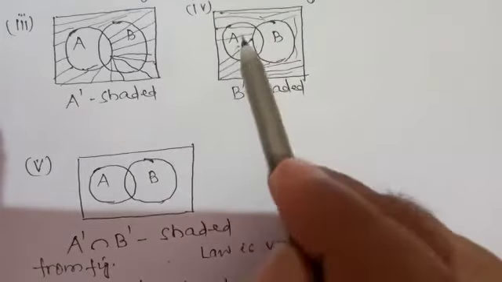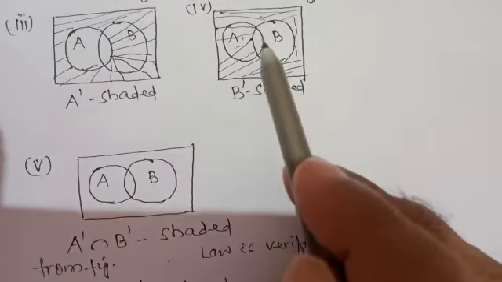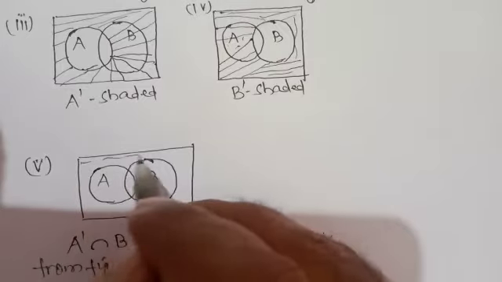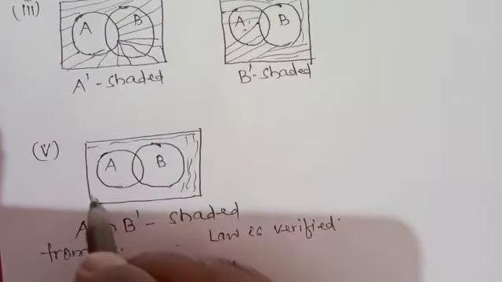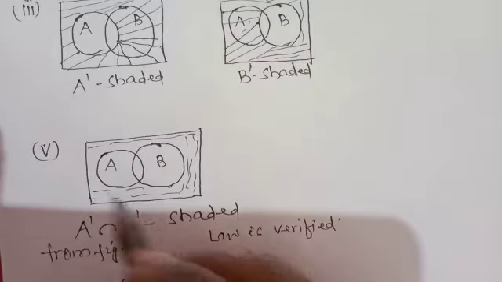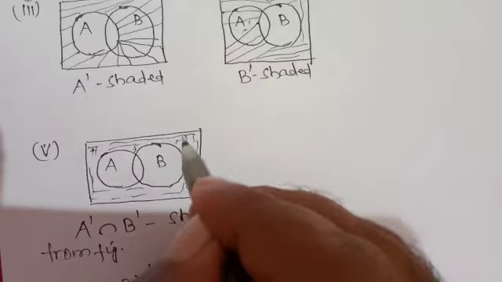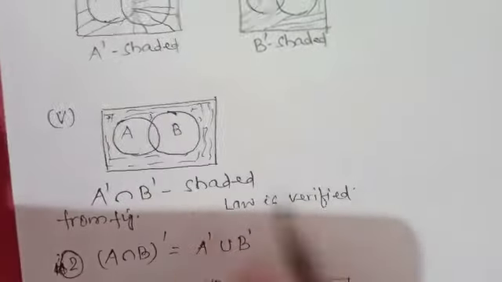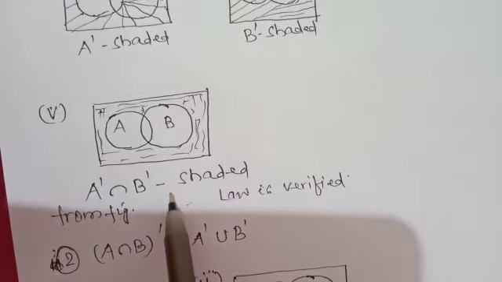See this part: the shaded part is not in A, this shaded part is not in B, and the rest is common. So just shade it with dotted lines, broken lines, or anything simple. This is the part of A complement intersection B complement.